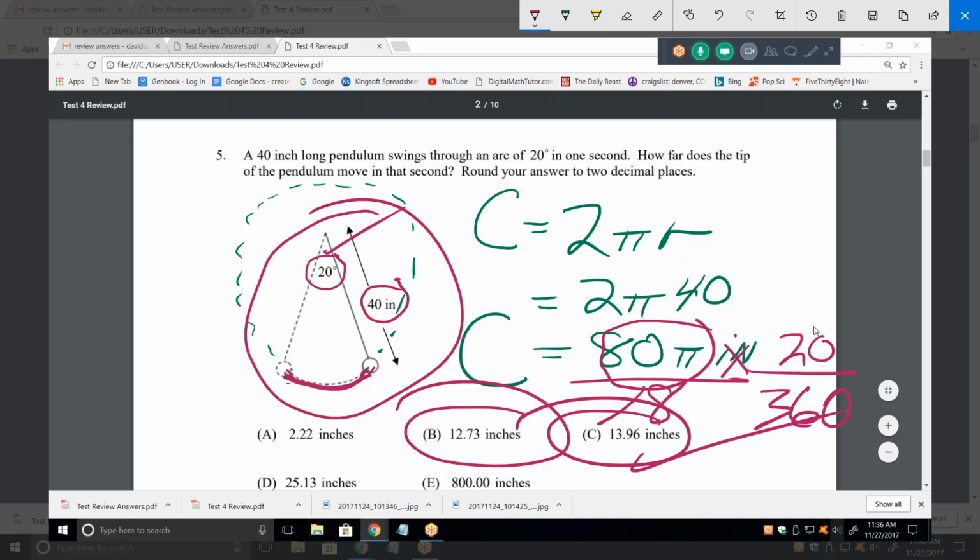So whether I was doing this or I wanted to figure out the area of that, I would use the area formula and multiply that by 1/18. So with all of these kinds of problems, you have to look at it as a portion of a circle, figure out the things of the circle, and then multiply it by whatever ratio we're looking at.